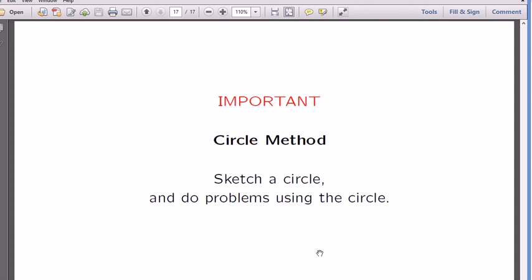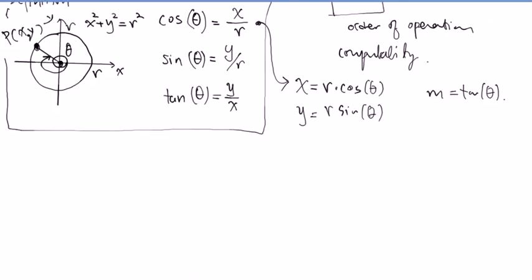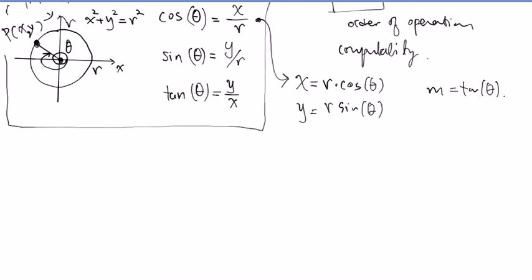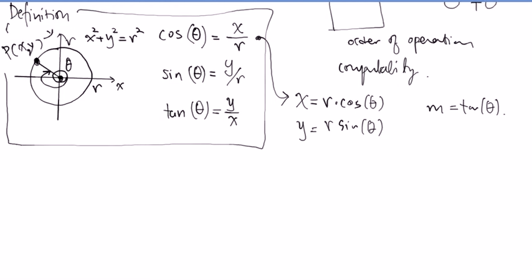Sketch a circle and do problems around that circle with the equation written, right? Not anything else. And if you don't use the circle method because you know how to find the answer correctly, then you're not going to get good credit on the test. You have to show me that you understand the circle method.